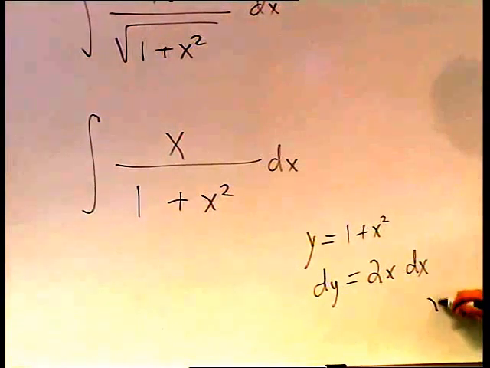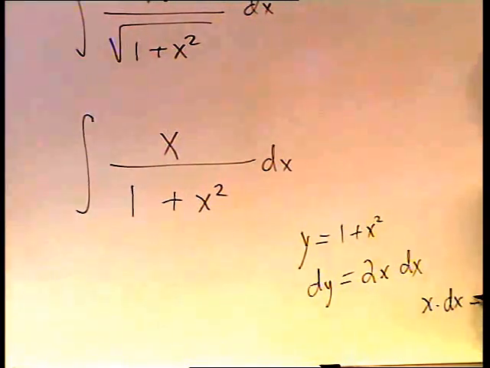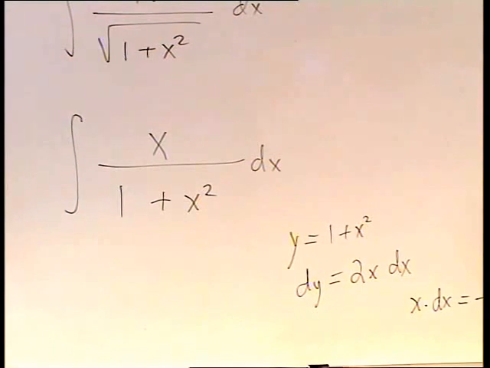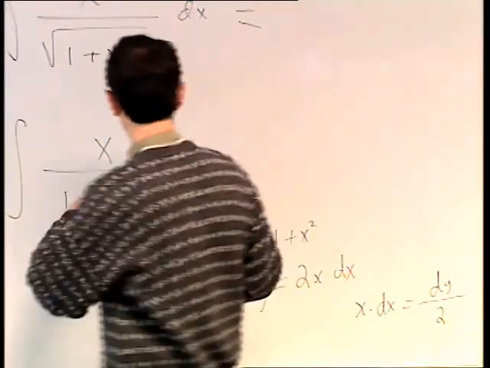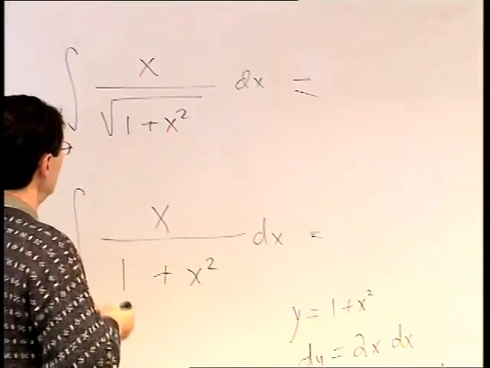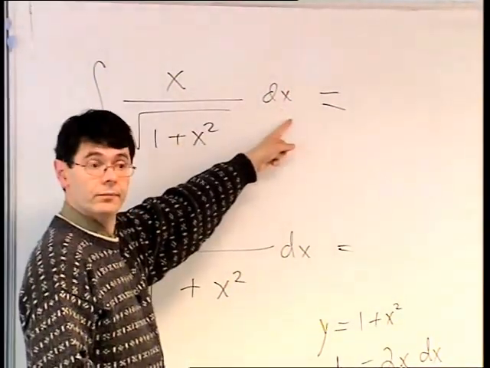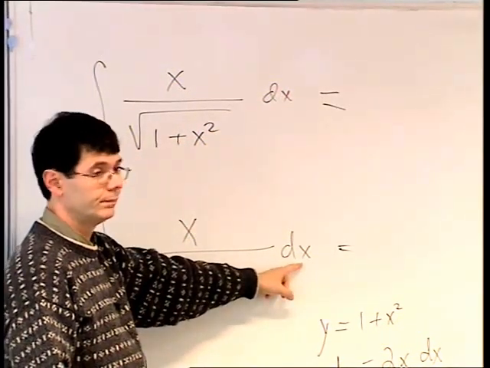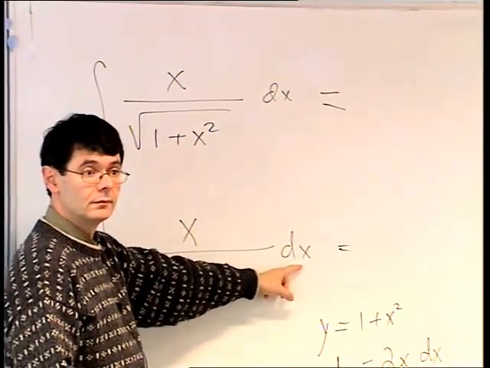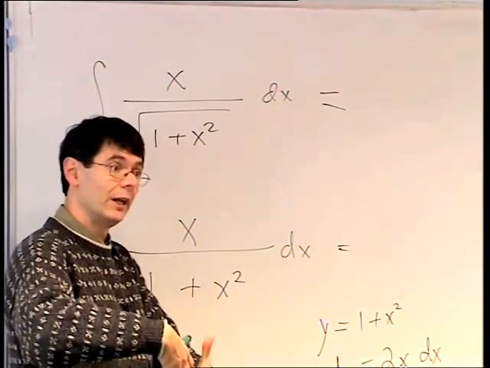And so x times dx is dy divided by 2. X times dx is here. X times dx is here. So they are dy divided by 2.